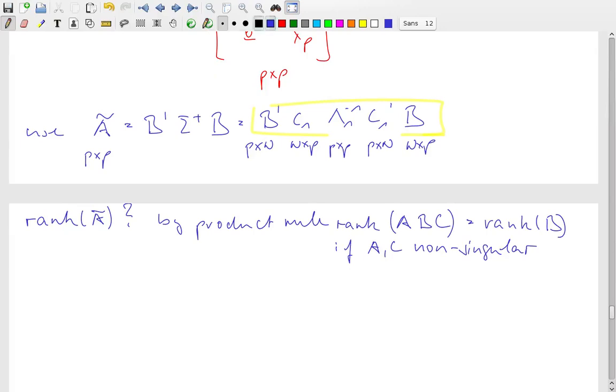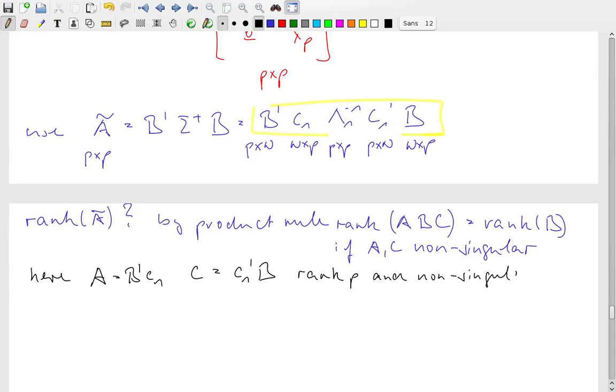Now here, what we have is our A matrix in the present context would be B prime C1, and the C matrix would be C1 prime B, right? And as a matter of fact, both matrices are of rank P, and these matrices are non-singular. Okay, they are both P by P matrices, and they are non-singular.